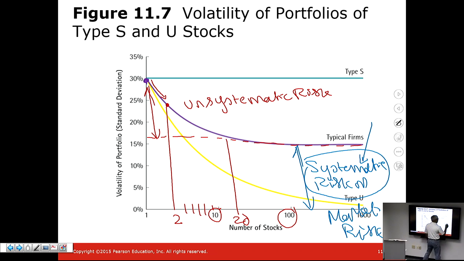And so in the next chapter, we will learn about how to measure this systematic risk, and what do we do once we have measured it. How do we use that risk that we have just measured to determine what should be our expected return from investing in this stock? What is the return to be expected from investing in a stock with a particular systematic risk?